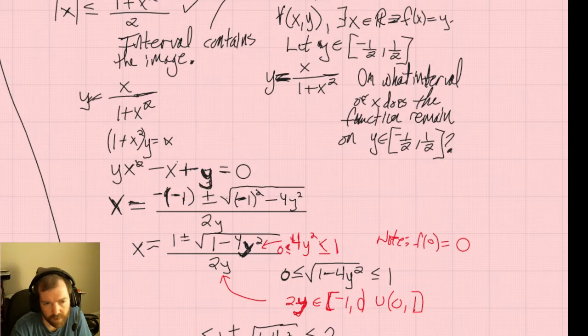The square root is not going to be 0. No, the square root can be 0. Right, that's if y is equal to a half or a negative a half. Yeah, that's okay.